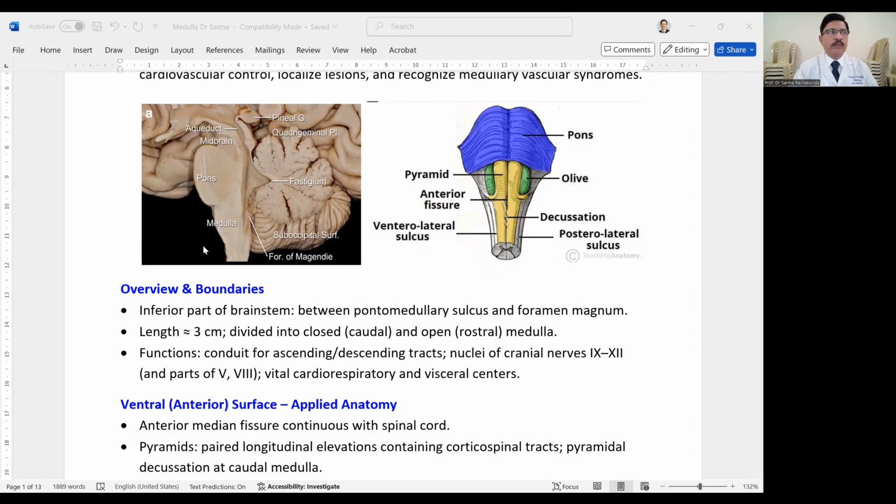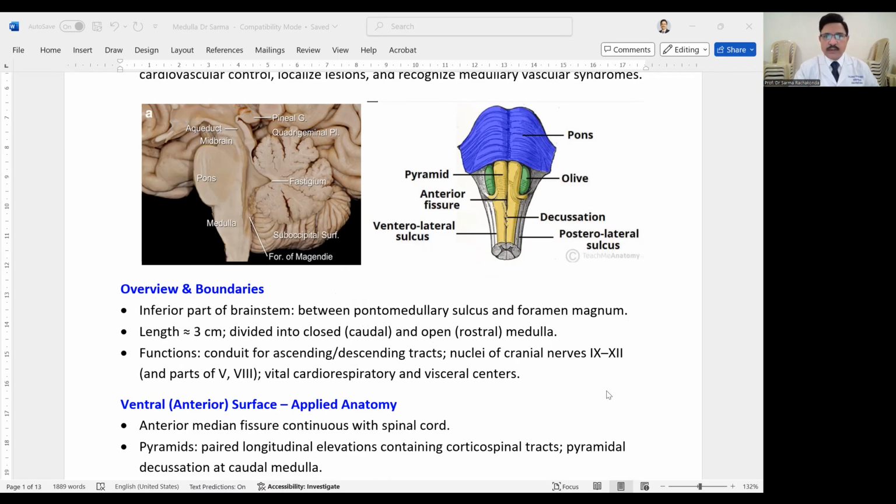This is the lower border of the pons. The upper border of the medulla oblongata is the lower border of the pons, that is the pontomedullary sulcus. And below will be the foramen magnum, through which it continues as the spinal cord.